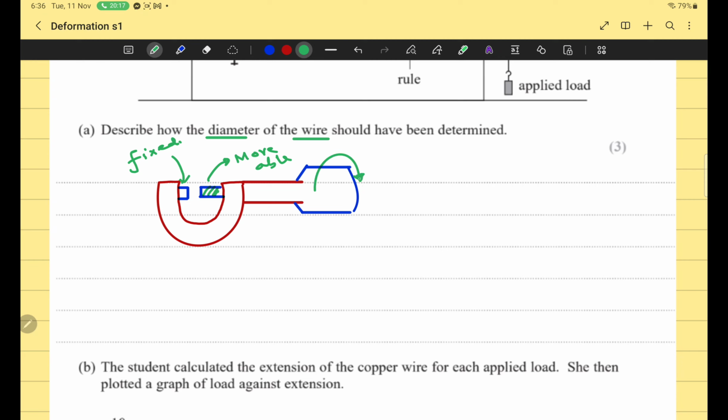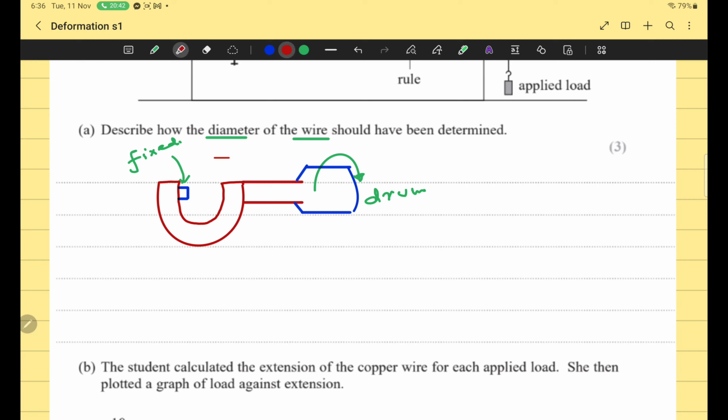This drum is rotatable. You can rotate this drum, and I will share you a video from YouTube in which a teacher is in the lab and performing this experiment so that you can visualize what I am saying.